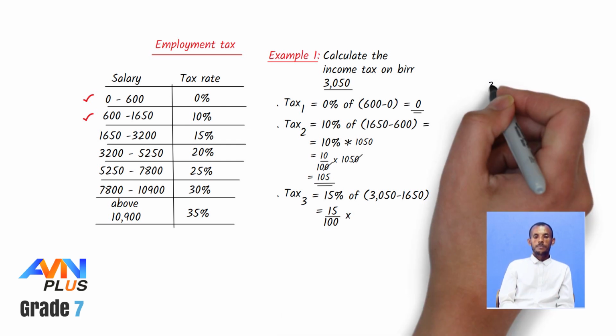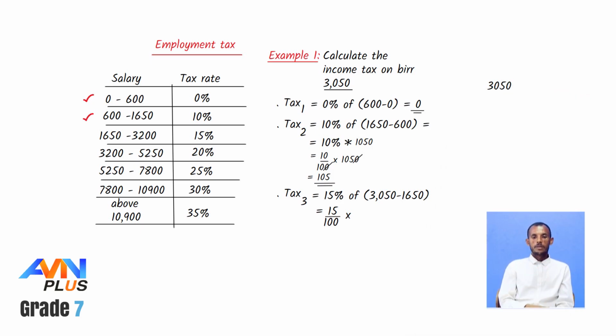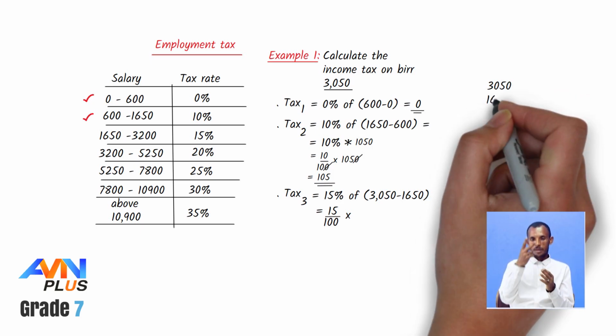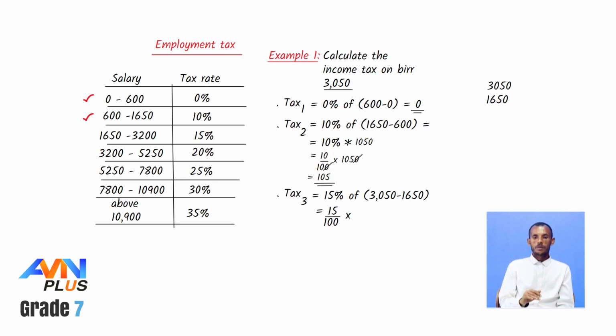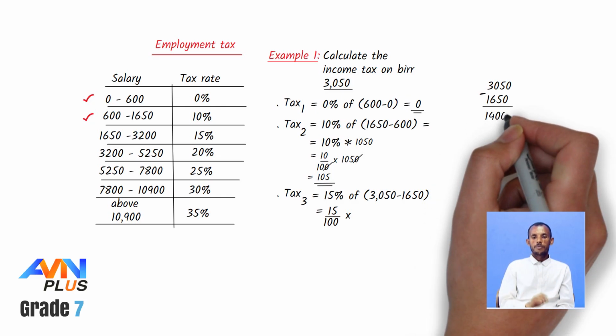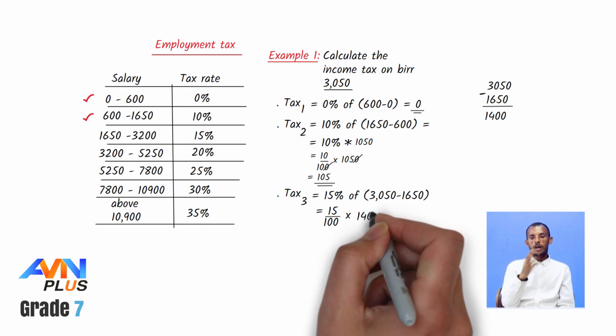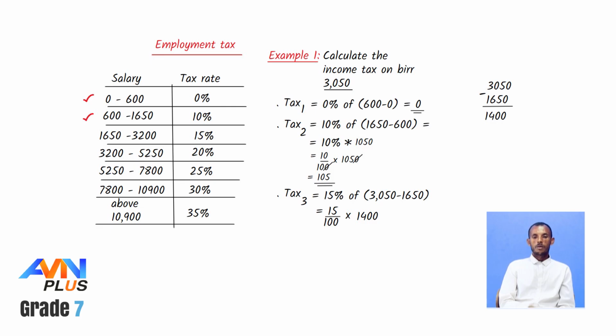15 over 100 times the difference of the two, 3,050 minus 1,650. 0, 0, 10 minus 6 is 4, and 2 minus 1 is 1.